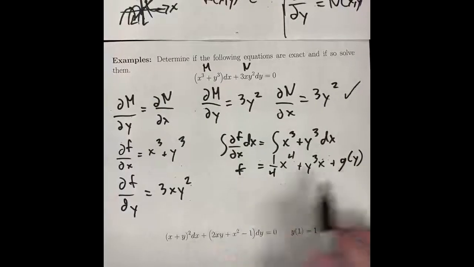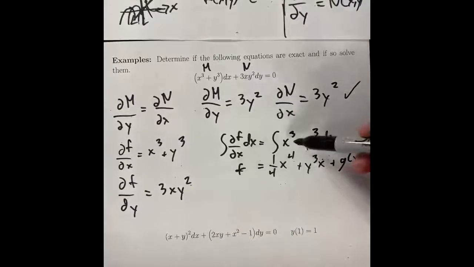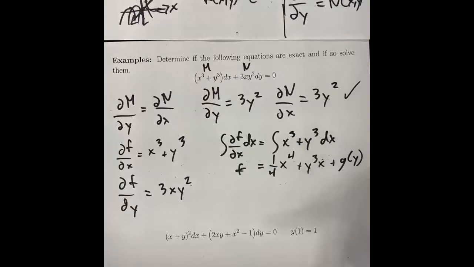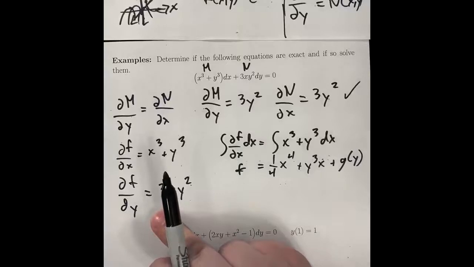Because if I take the partial derivative of this with respect to x, I'll get back to x cubed plus y cubed, and anything that just depends on y is going to disappear. So I have some function here that maybe depends on y. In order to find out what this g of y is, I have to use the second equation.